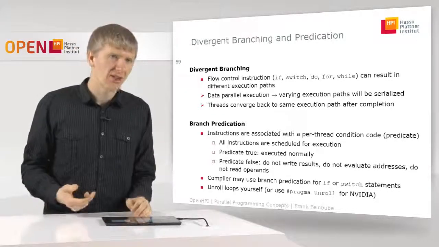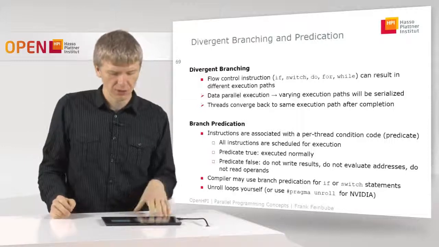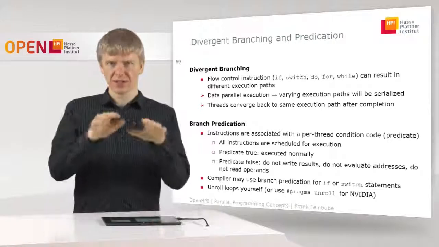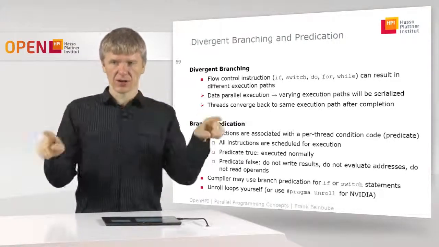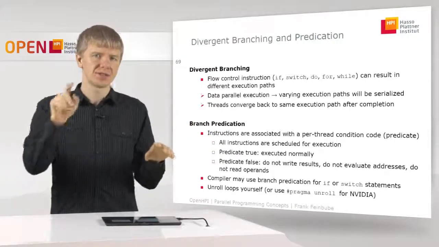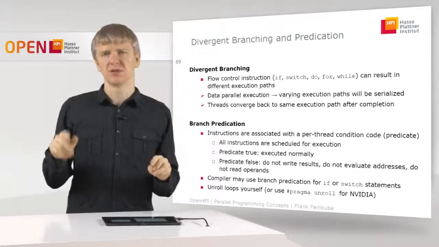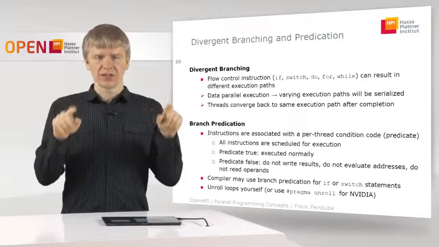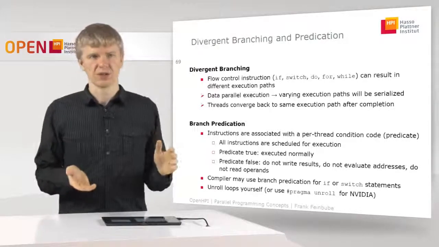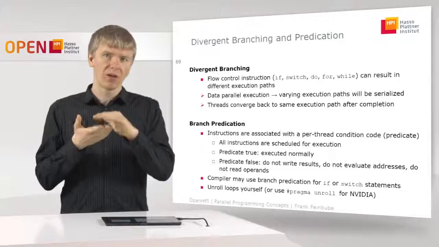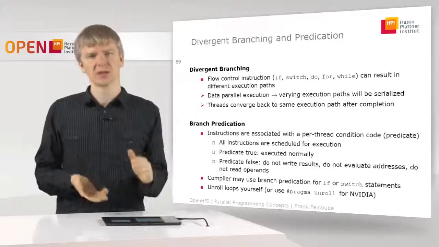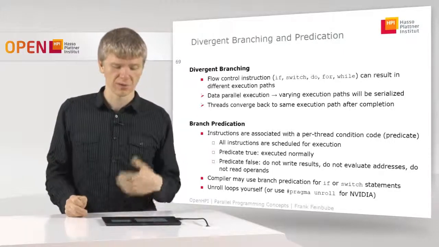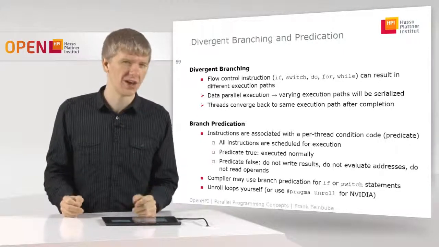Otherwise, the GPU will use predication, which means that all the threads are doing both parts of the branch, and then it's just marked which execution results should really be stored back. So if you have an if statement, both parts will always be used. If you have a switch statement, all possible branches will be executed by all threads. This is a huge amount of additional work that you don't want to have.